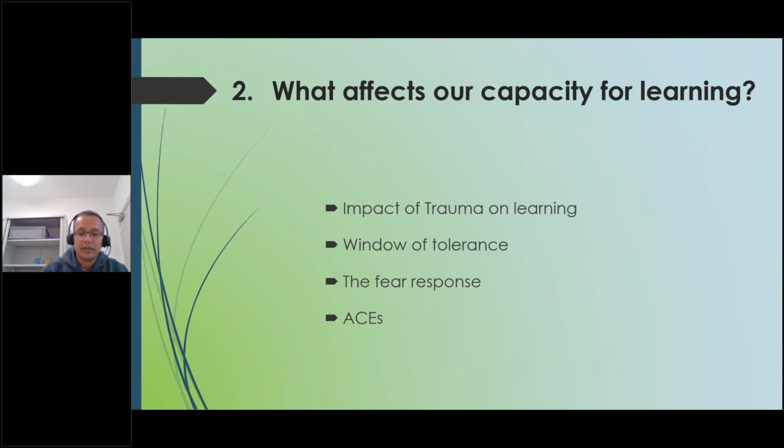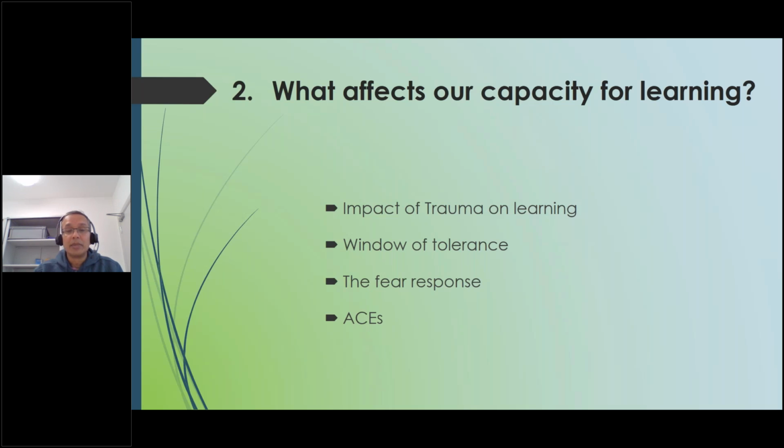Okay, so that was the hardware, the structure of the brain, and let's look at the next part as to what affects our capacity for learning. Our capacity for learning is influenced by our brain's ability to pay attention, to receive and retain information, and make decisions based on all that information.